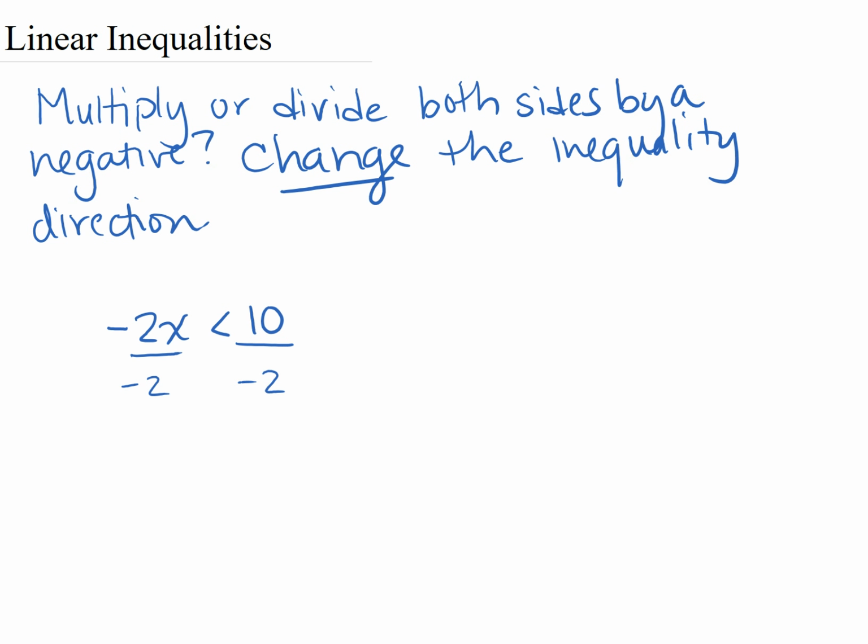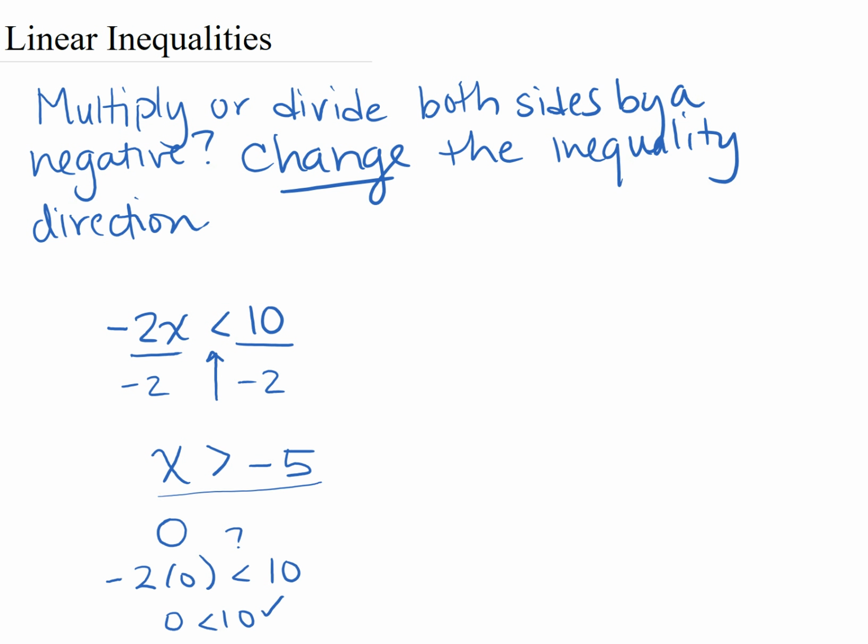Negative 2 divided by negative 2 is a positive 1, x. 10 divided by negative 2 is negative 5, but I need to change the direction of this to be greater than. And let's think about a number that's greater than negative 5. 0 is greater than negative 5. So if I plug in 0 for x into my original inequality, negative 2 times 0 has to be less than 10, and 0 is less than 10, so that's true. So I have picked a valid solution.